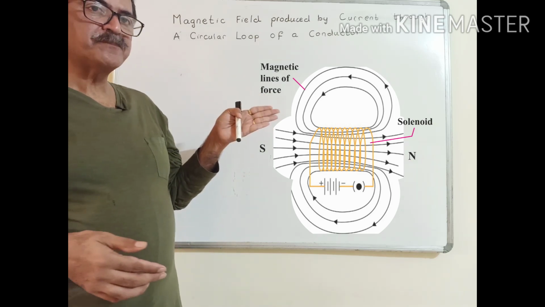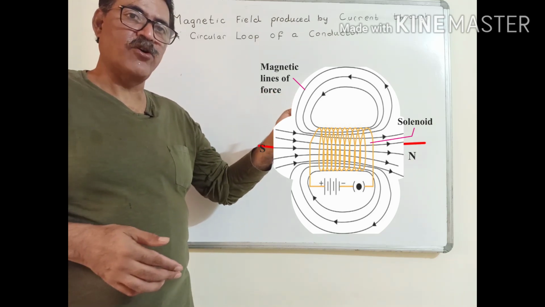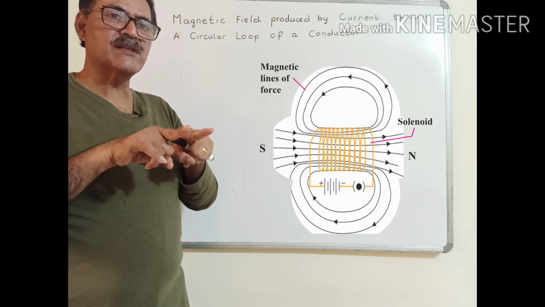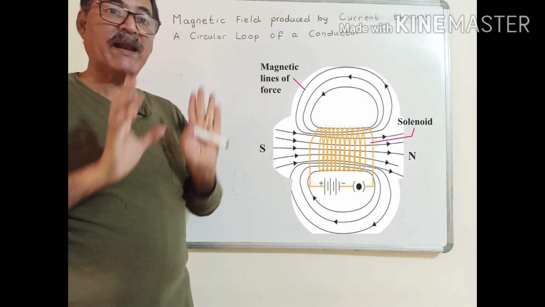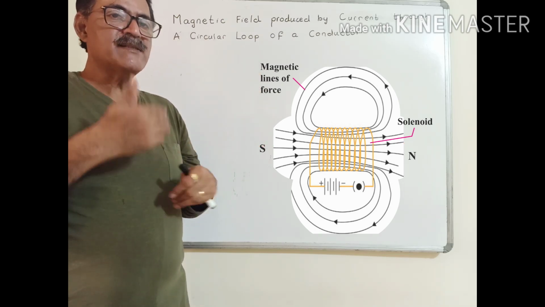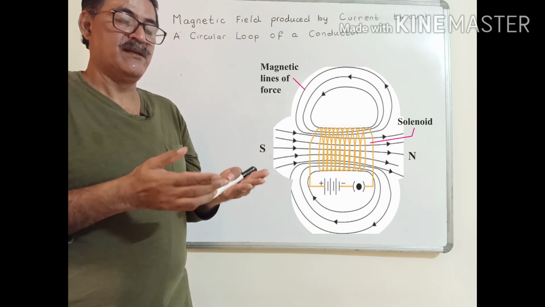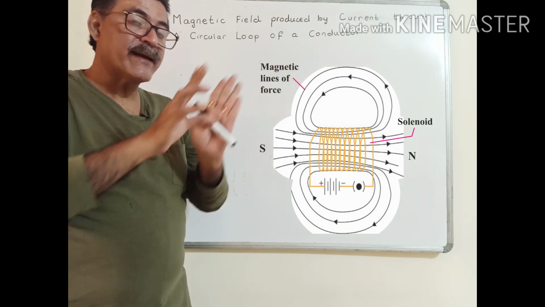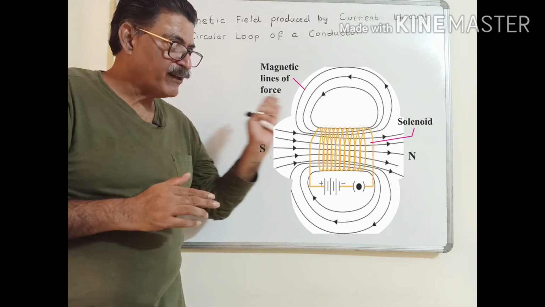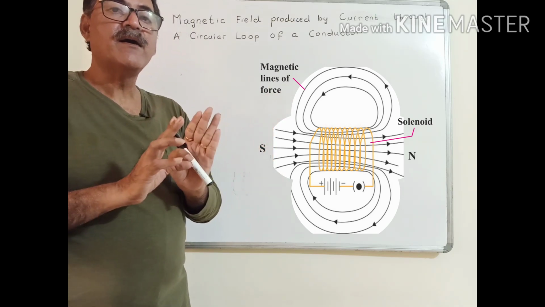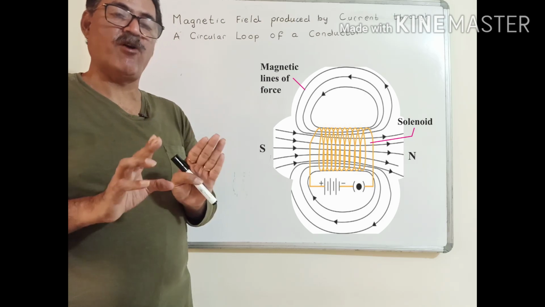If you see at the center of the solenoid, the magnetic lines of force are completely parallel to one another. What does this tell us? These parallel magnetic lines of force tell us that within the solenoid, the magnetic field is uniform.